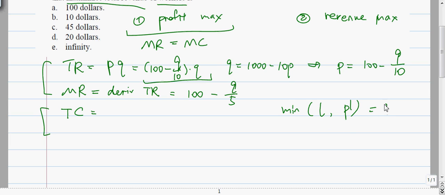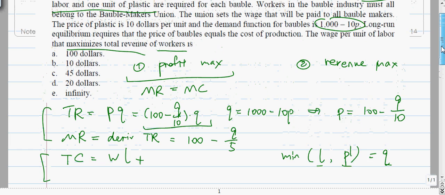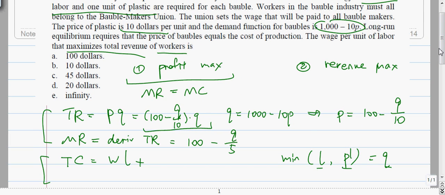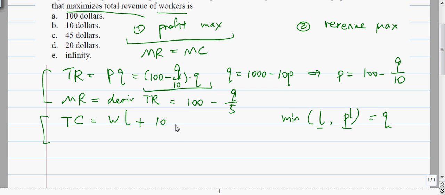If we have a production function like this, then they are equal and they are both equal to Q. So then we have the price of labor, we call it wage W, times L, plus the cost of plastic is $10 here, so $10 times plastic. And as I said, both of them are equal to each other and they are also equal to Q. So we have W plus 10 times Q.